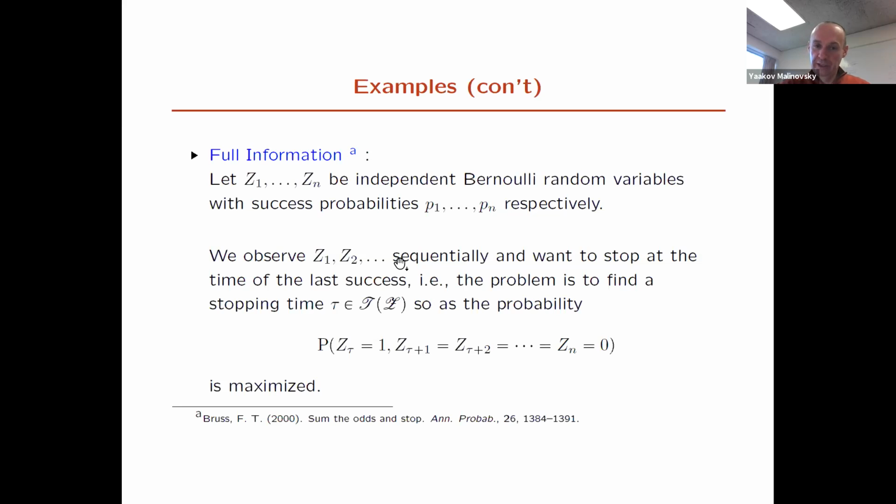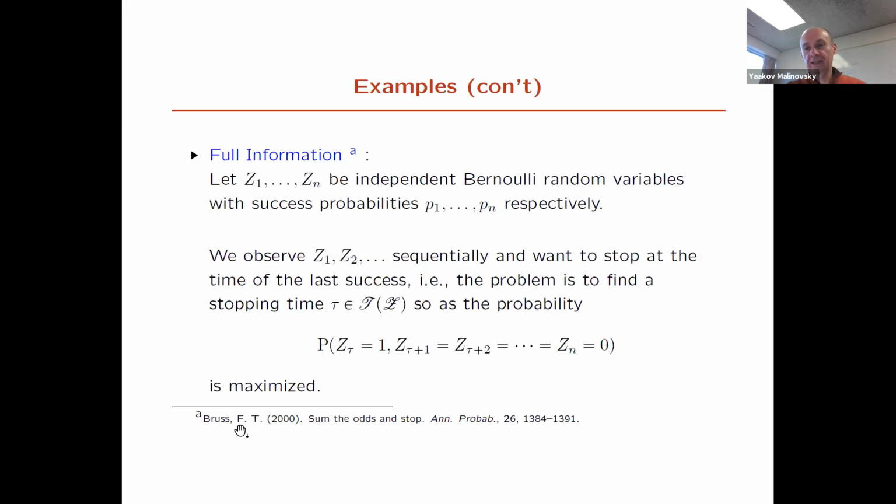Based on full information, by observing Z1, Z2, and so on, you want to find a stopping time tau, based on the full filtration, that maximizes the probability that Z tau equals 1 and the rest until n equals 0.